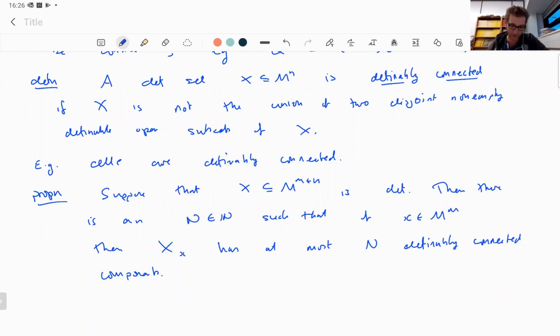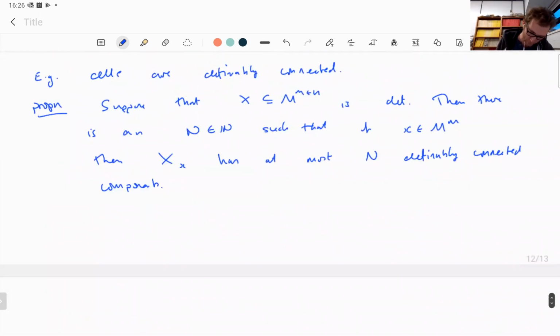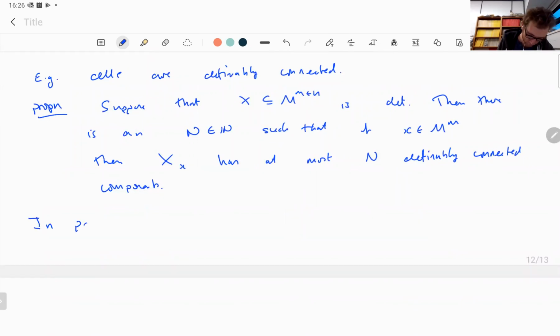And the consequence of that is that if I take another structure in the same language as my M, say N, that's elementarily equivalent to M, then N is also O-minimal.